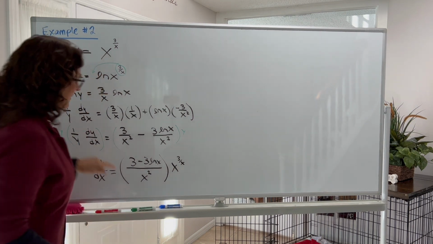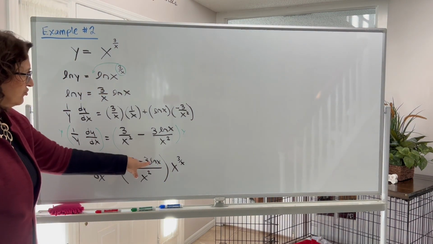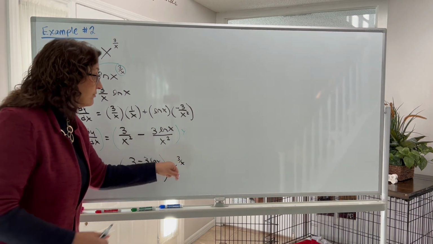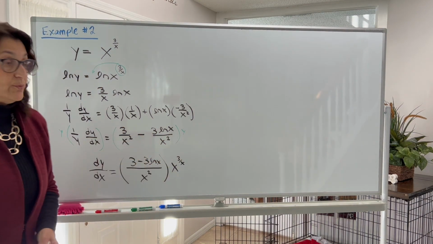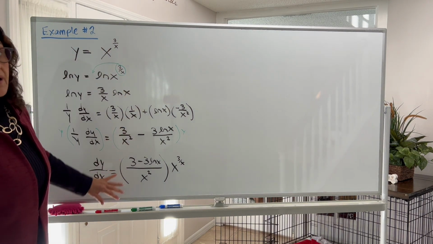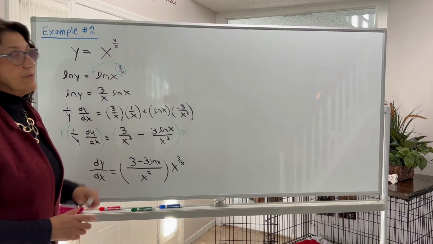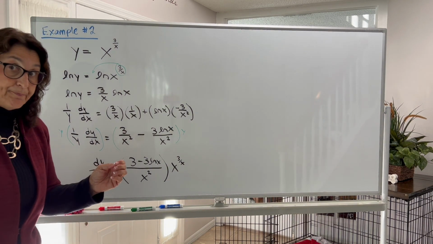You could bring this up, keep the base and subtract the exponent, and write this quantity times x to the 3 over x minus 2, if you wanted to write it as one string, but I ran out of space on this one. But that is the process when you have a variable base and a variable exponent. That is the process you would use to differentiate.